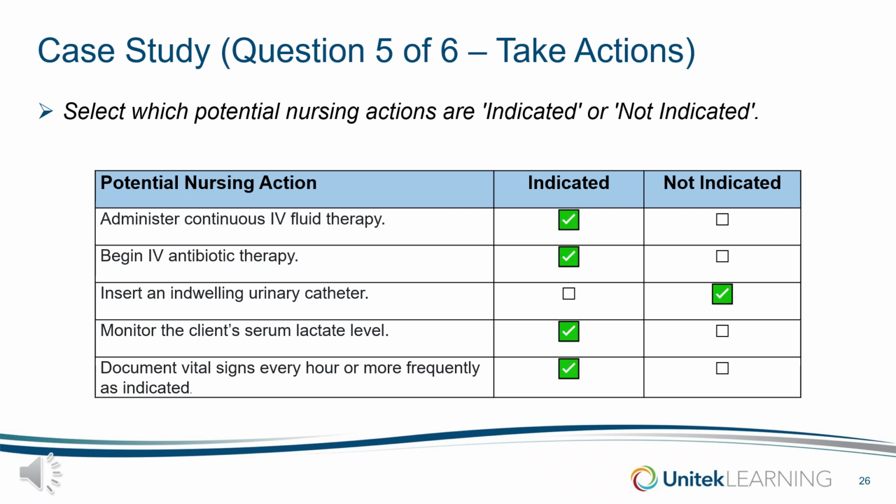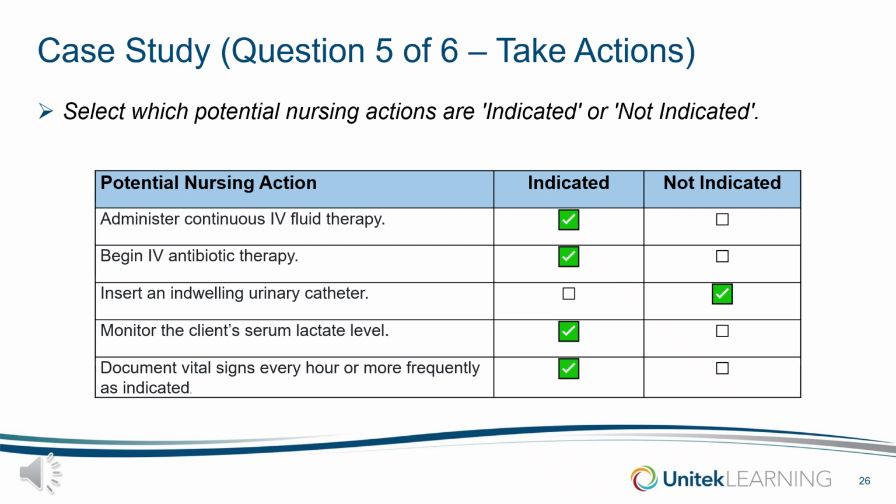In consideration of this patient, the only action that is not indicated is the placement of the indwelling catheter. Use of an indwelling catheter on its own increases risk of infection. So in the case of our client that is experiencing signs and symptoms of infection, this is not helpful. It is actually harmful.